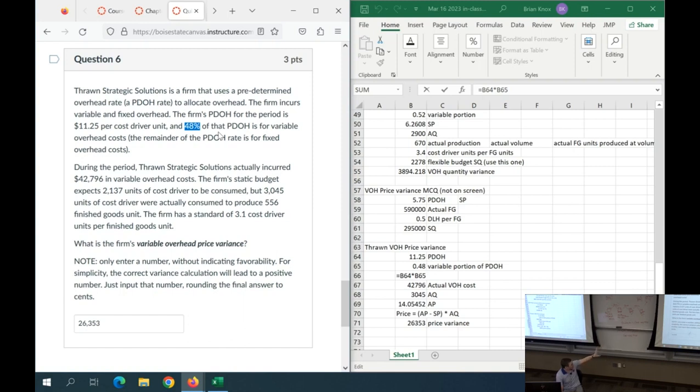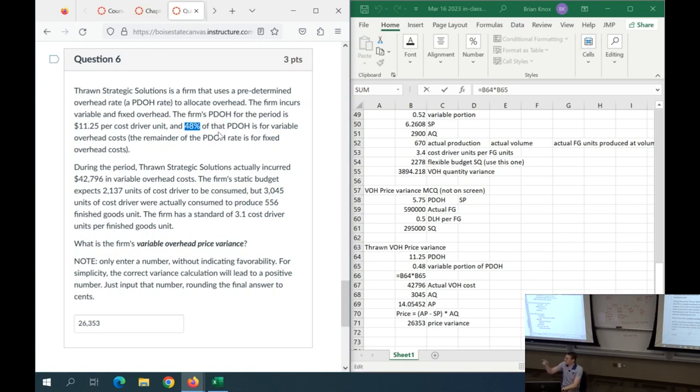Fixed overhead is a different animal, but with variable overhead, to put it in different terms, the terminology is a little different. But if we learn that the PDOH rate, especially if we figure out which portion is the variable portion, if there is a variable portion, that's our standard price. Then we can translate that. We can just take everything we learned about standard price last week and convert it over and use it right now.